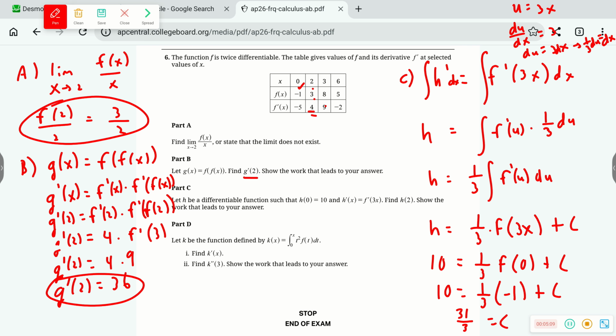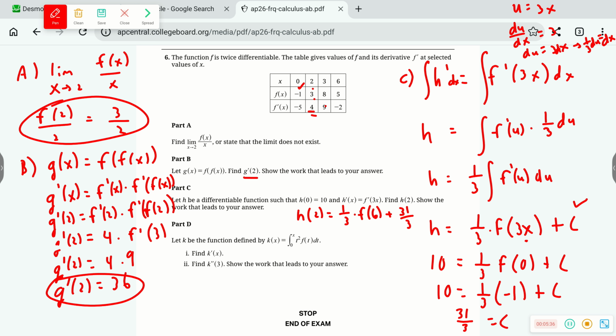So for part C, we had this. Now we've got to do h of 2. h of 2 would be the same thing as 1/3 times f of 6, because that's 3 times 2 right there, plus 31/3.